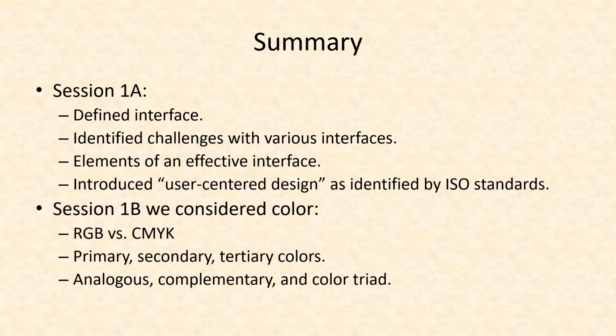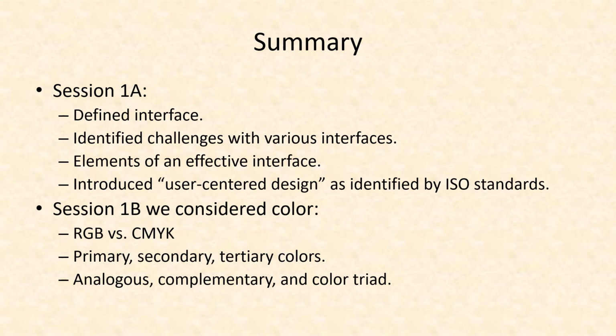In this session, we continued those thoughts by considering color. We looked at RGB, which is light, additive colors, versus CMYK, which is used for printing or paint or crayons, the subtractive colors. And then we looked at primary, secondary, and tertiary colors.